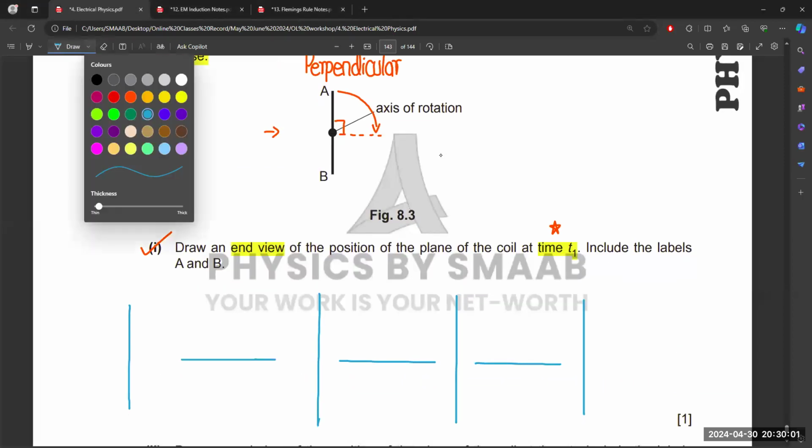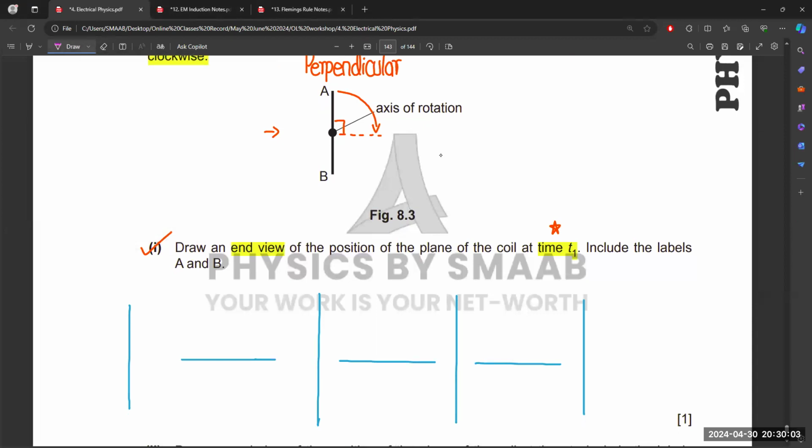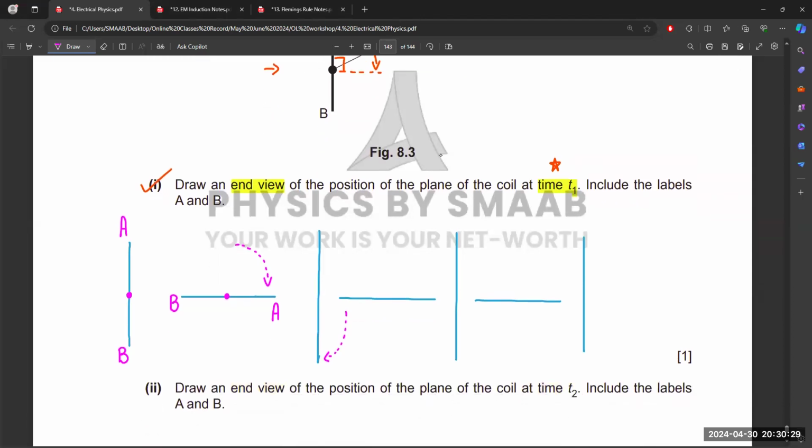Okay, so we started from the vertical position. This is point A. This is point B. After clockwise rotation, we got point A over here and B over here. Then after further rotation, we got point A over here, B over here.